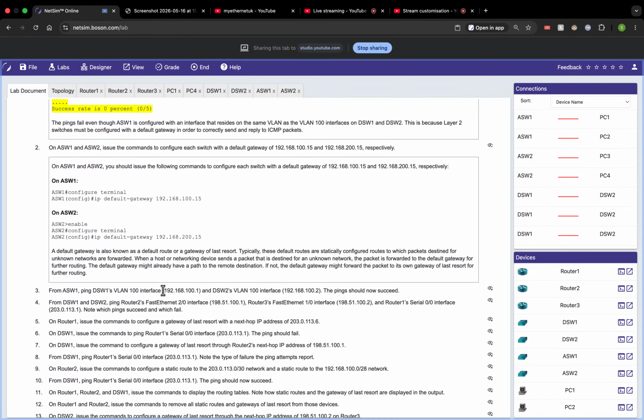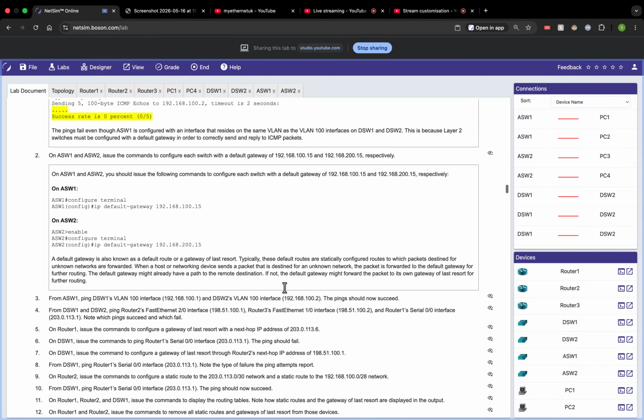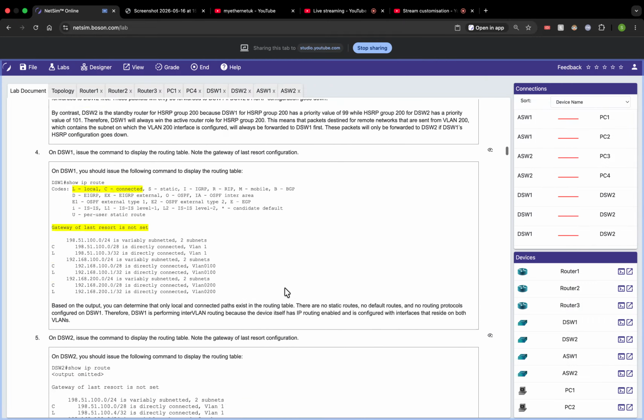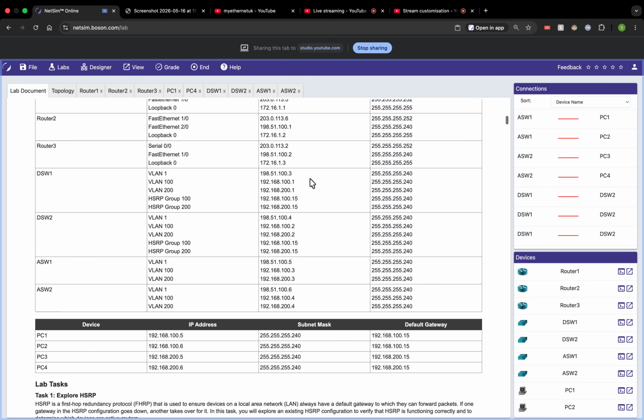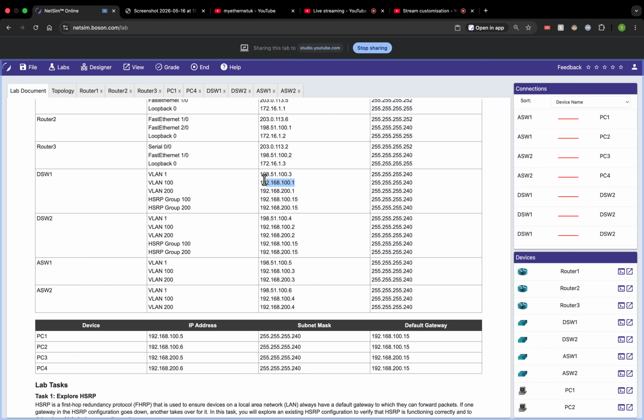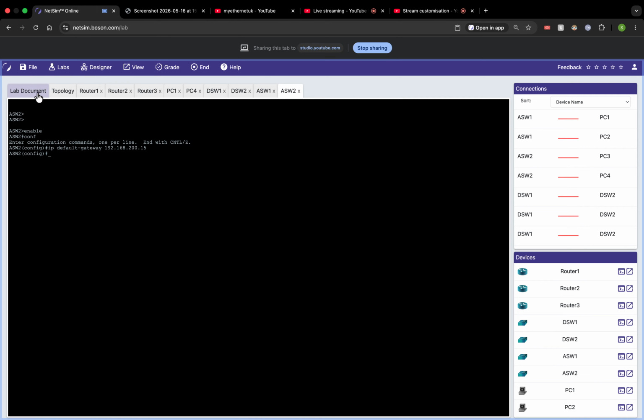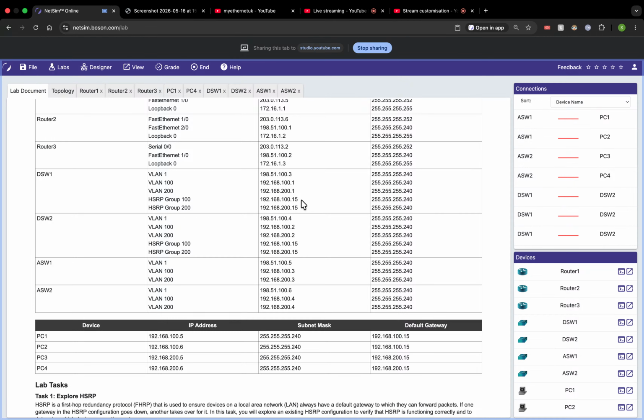So from ASW1, ping DSW1's VLAN 100 interface and DSW2's VLAN 100 interface. DSW1 uses 100.1 for VLAN 100.